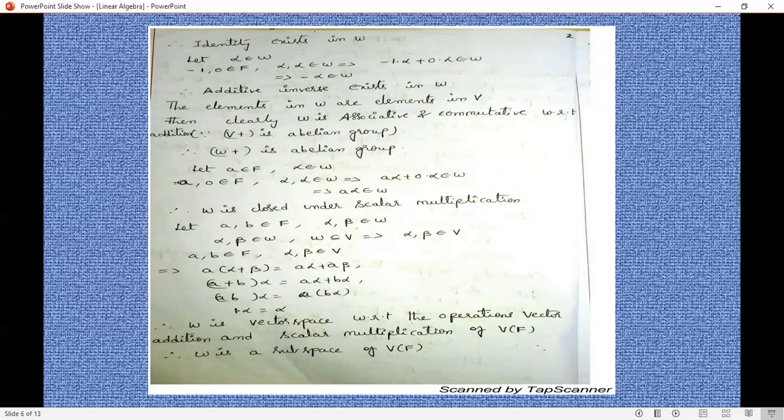Next, we are proving the remaining multiplication properties. Clearly, it satisfies the remaining properties since the elements in W are the elements in V. Already V satisfies the properties since V is a vector space.